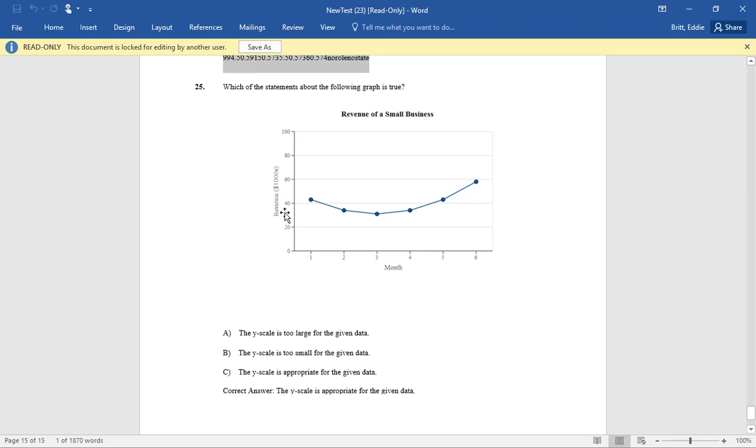So the correct answer was that it's appropriate. I guess there's not too much up here. There's not too much down here. So it would be just about right. Again, that's a little the way that you see it. I don't think it's very misleading, though, at all. All right.